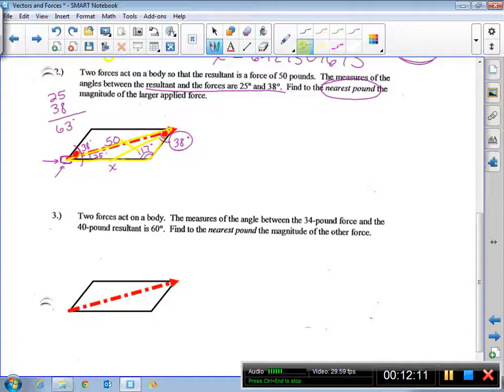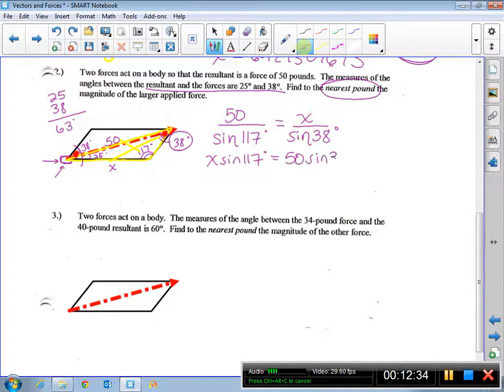So the law of sines for this problem: 50 is to the sine of 117 as x is to the sine of 38 degrees. Let's do a quick cross multiply. And we will be dividing by the sine of 117 to find x. So put that in your calculator.